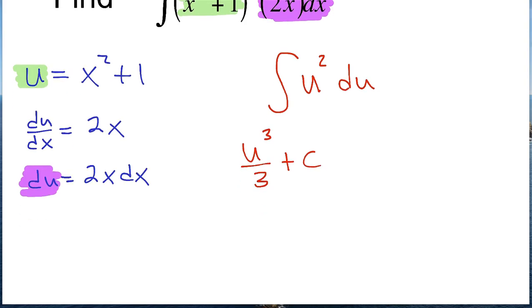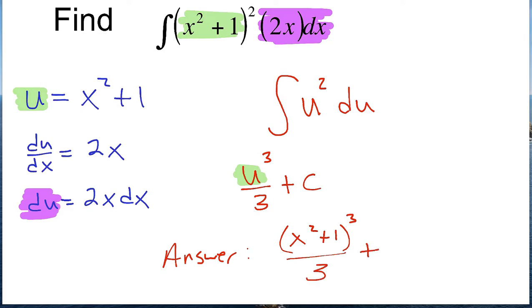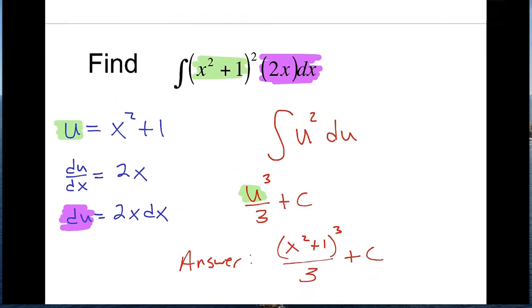Now, u can be put back in, and so our final answer is (x squared plus 1) cubed divided by 3 plus some constant. Remember, you always have to have a constant when you're doing indefinite integrals because you might have some constant there.